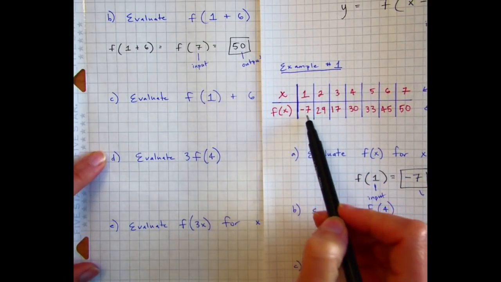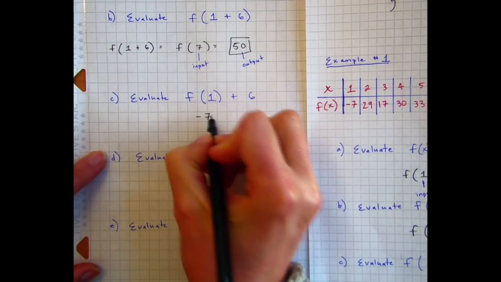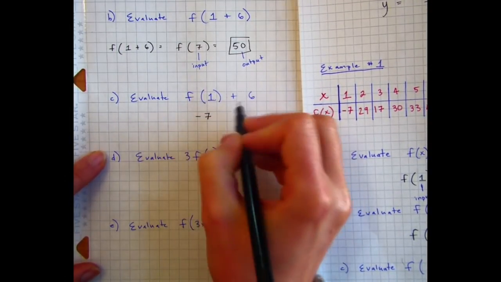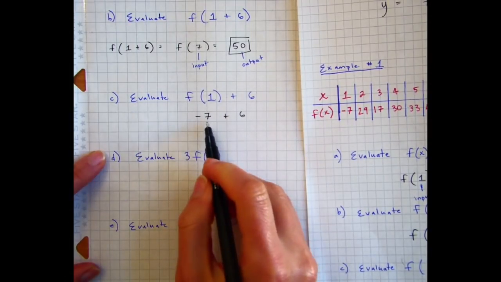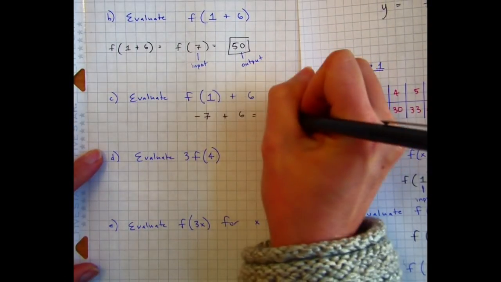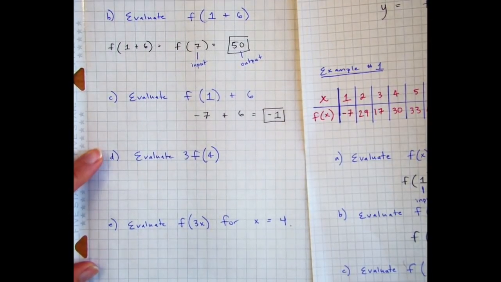And then, after I've evaluated my input, then I'm going to add on the 6. So -7 plus 6 is going to give me -1. Okay. So again, B and C are very different problems based on whether the 6 is outside or inside the parentheses.